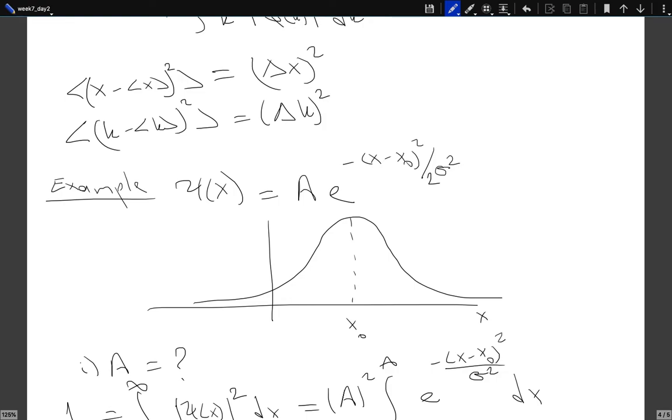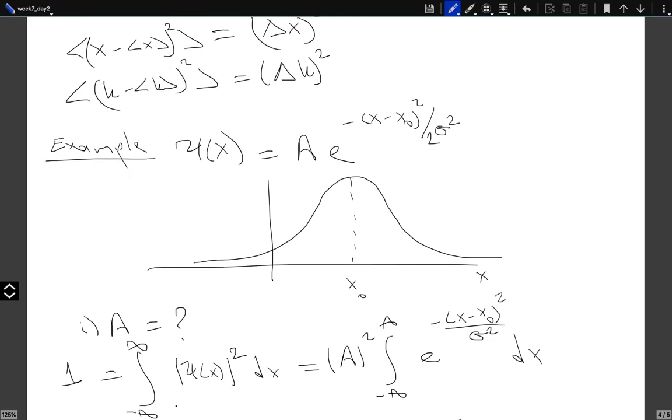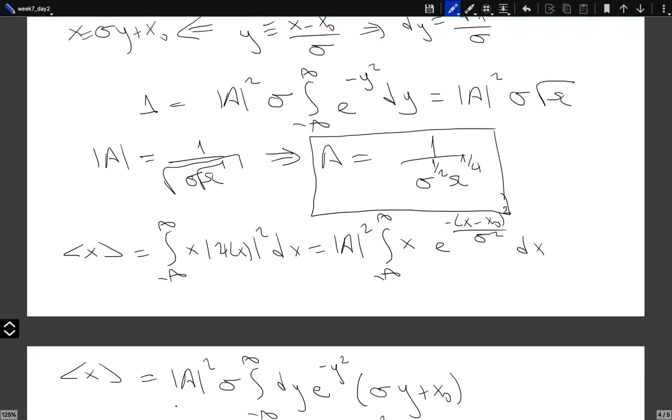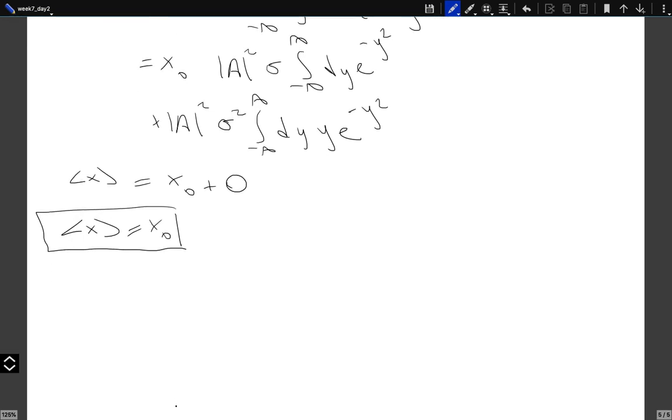Now let's see the uncertainty in x. You see, the delta x squared was defined as the average of x minus the average of x, squared. This is how we defined it.